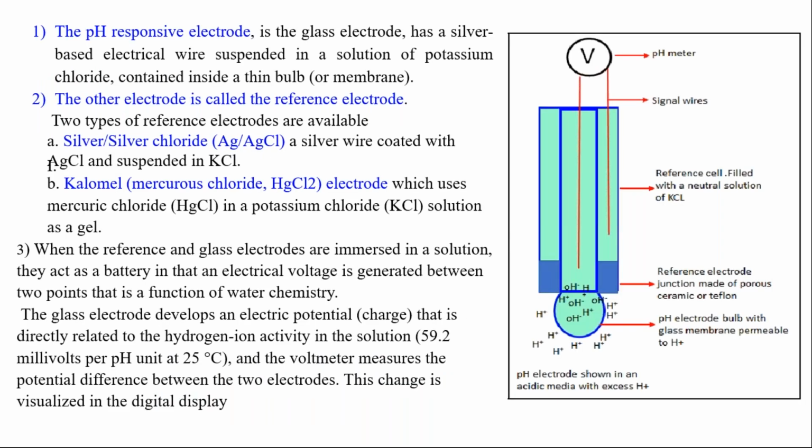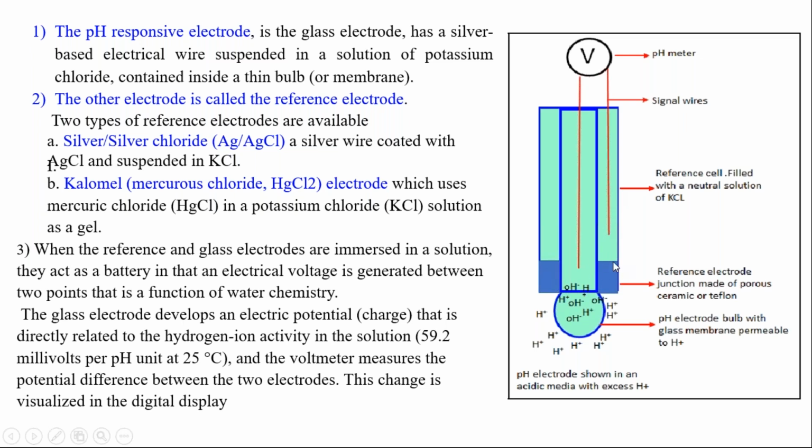So here is the pH electrode. If you look at a combined electrode, this is called a combined electrode. It must have the pH responsive electrode, and it must have the reference electrode. So the reference electrode you see over here is bathed in the reference solution of potassium chloride.